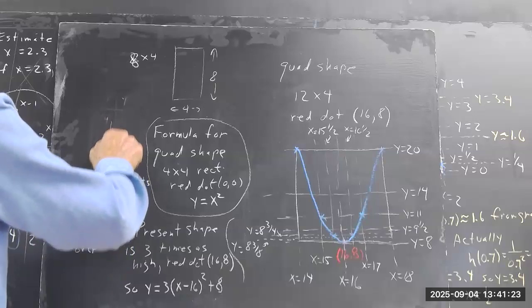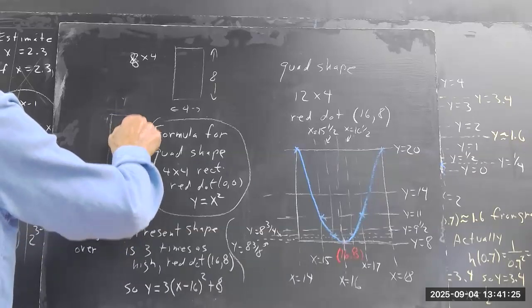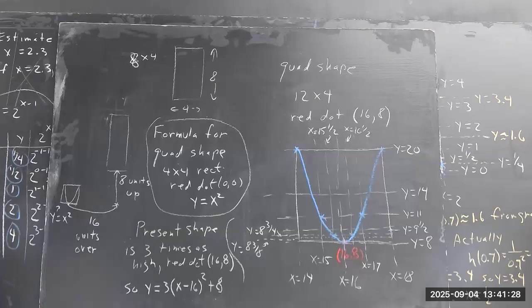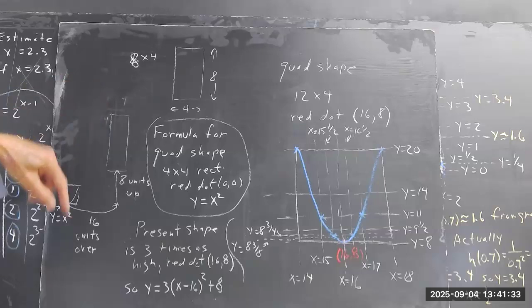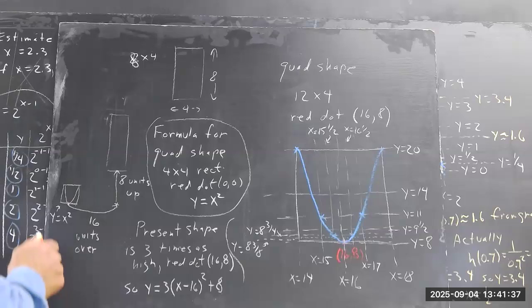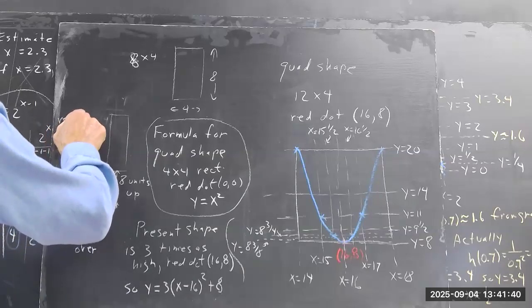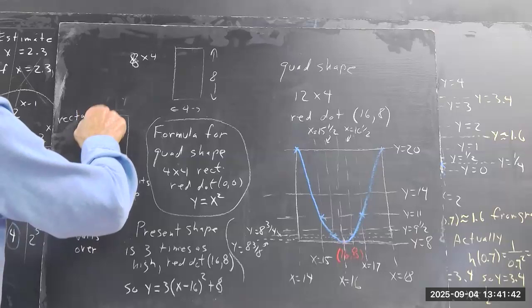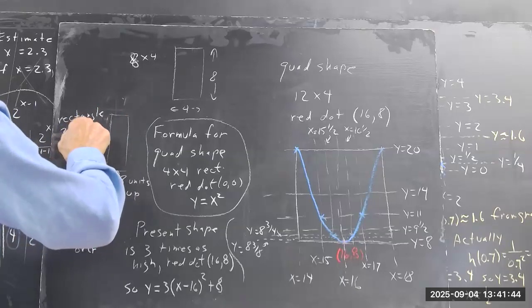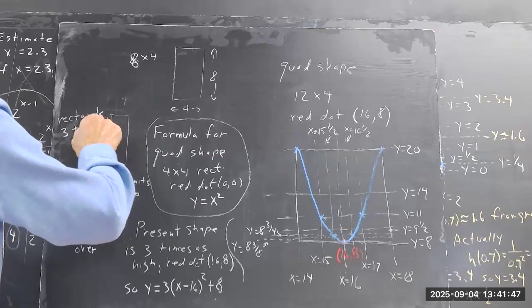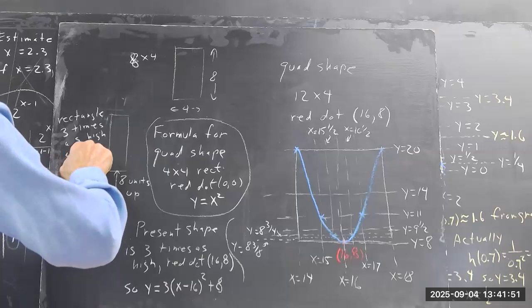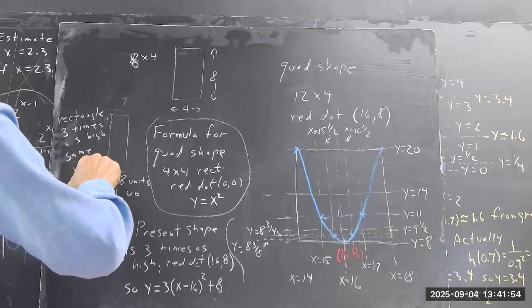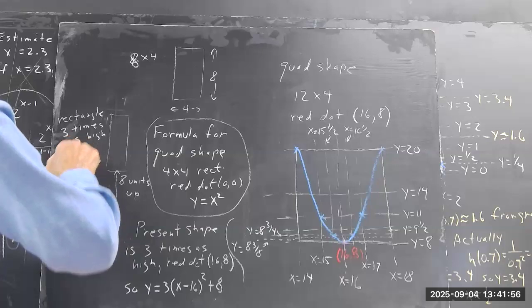And then you make your rectangle 12 by 4 instead of 4 by 4. So it's 3 times as high, but with the same width.